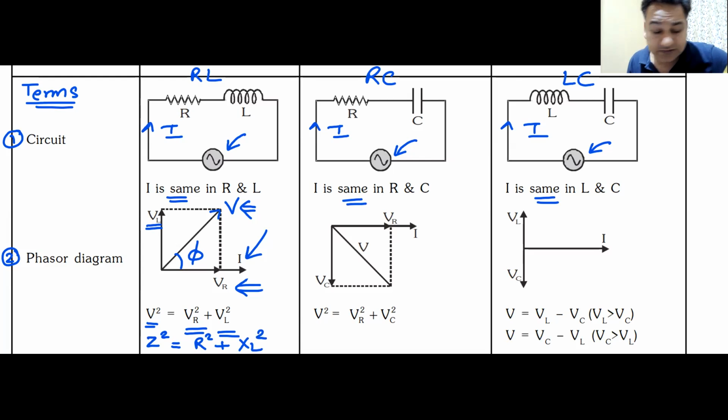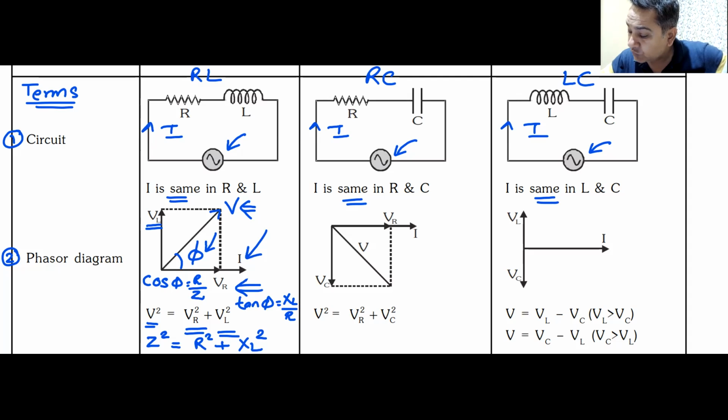As far as this phi goes, we have seen that the value of cos phi is always equal to R by Z. Do we remember this? I hope all of you remember this. Tan of this phi will be equal to XL divided by R. I hope all of you understand this. This is everything drawn in one diagram.